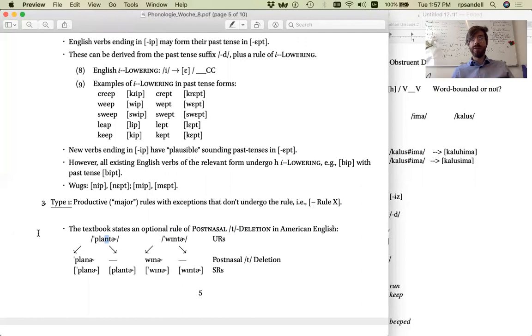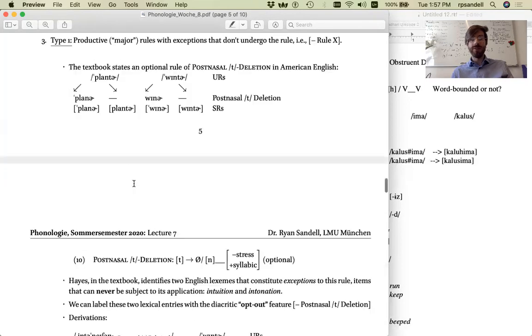For the moment, we'll just take this to mean sometimes the rule can be applied and sometimes not. So for words like underlying planter and winter, they can be realized as either planner or planter, and winner or winter. So the stop here can be deleted.